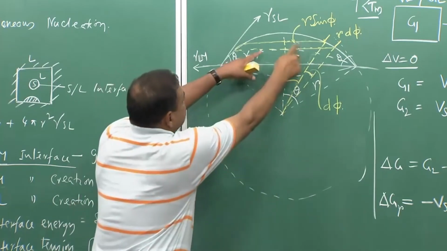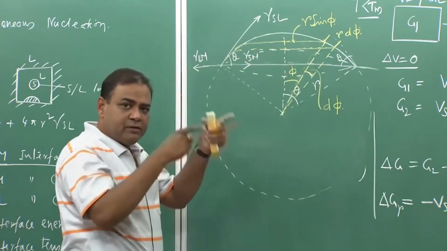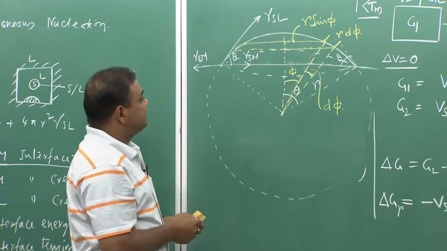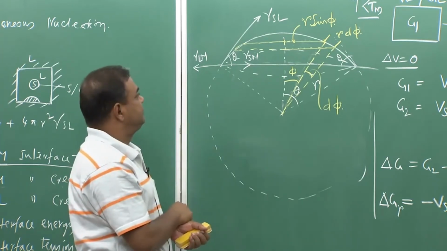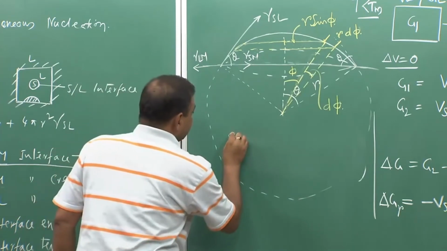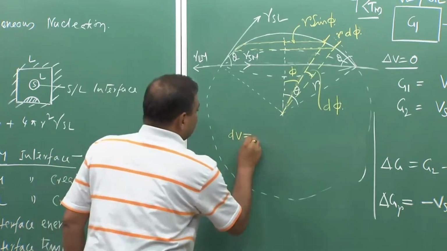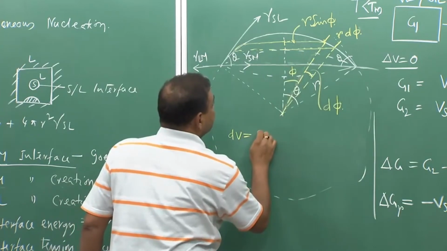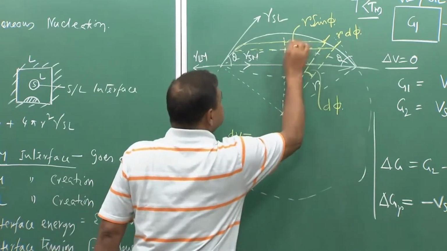So if we can assume it to be a cylinder, a small disc, the volume of the disc would be pi times the radius squared times the height.